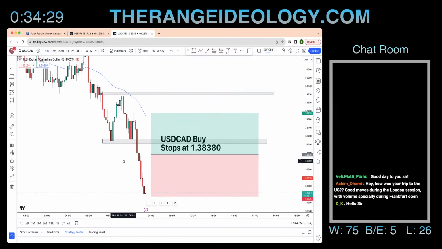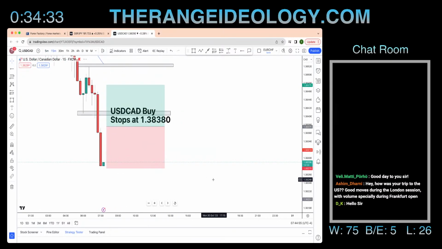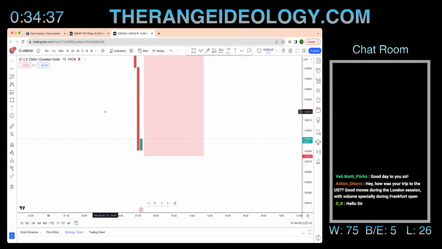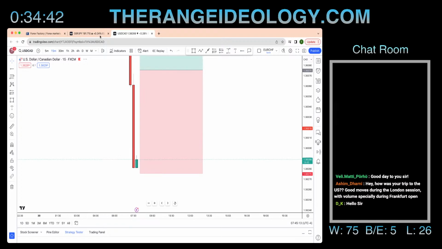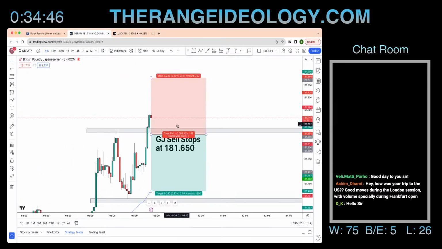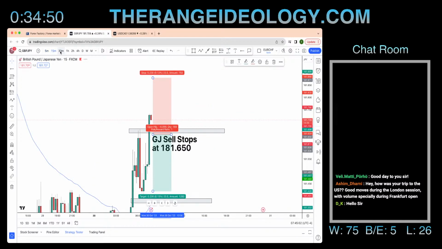Alrighty, okay, so again, USD CAD did not close the 15-minute candle strong, right? So I can definitely consider voiding USD CAD here, the buy stops. But here GJ comes again, close above. So the 15-minute candle closed above.